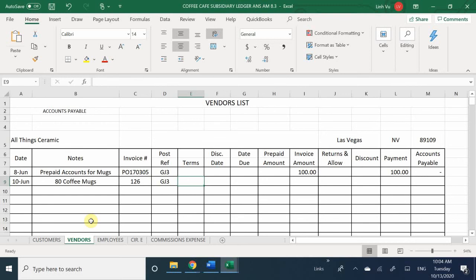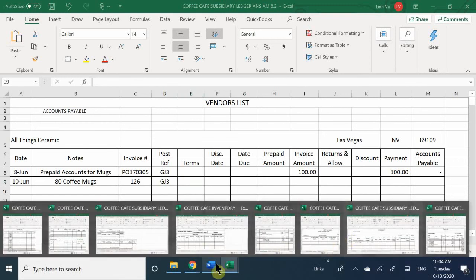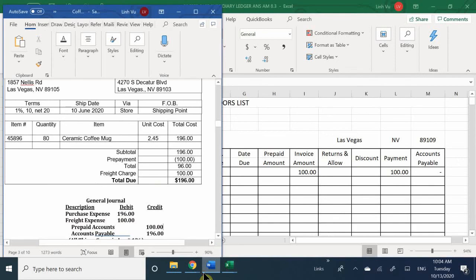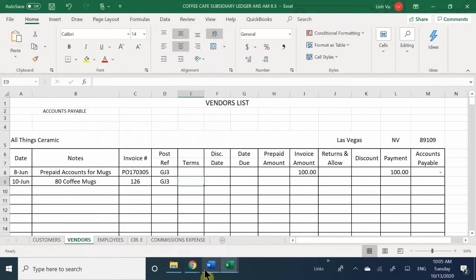Were we given terms? Yes, we were. And what was this terms amount about? What was our terms? 1/10, net 20. So therefore, I'm going to place that exact information here.